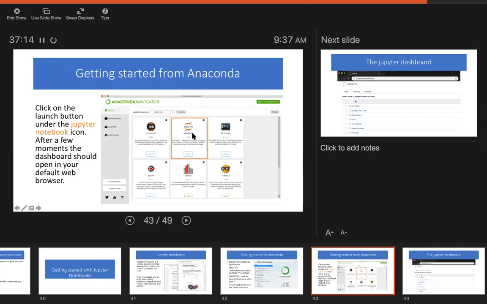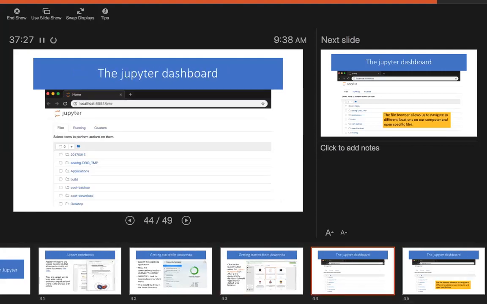Alternatively, you can just open a terminal and type jupyter notebook, and that would also open a Jupyter Notebook. Once you do that, your browser is going to open a window that looks kind of like this.